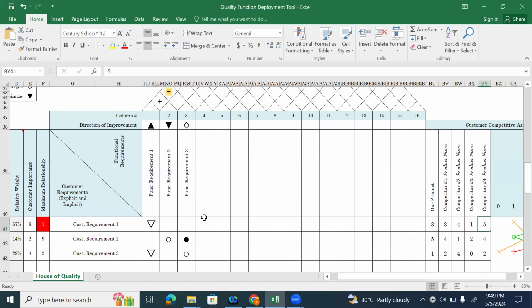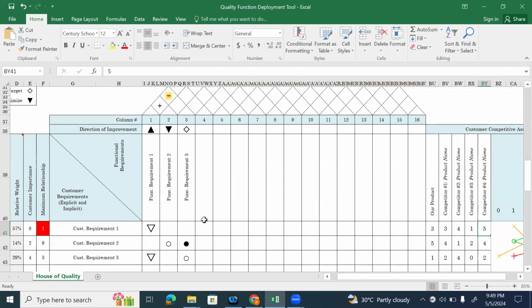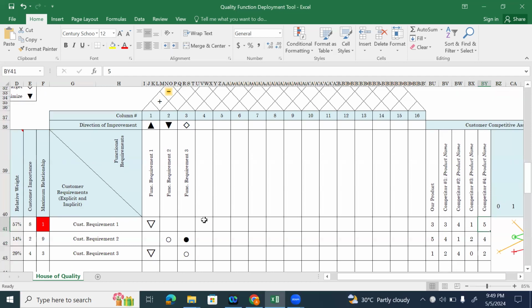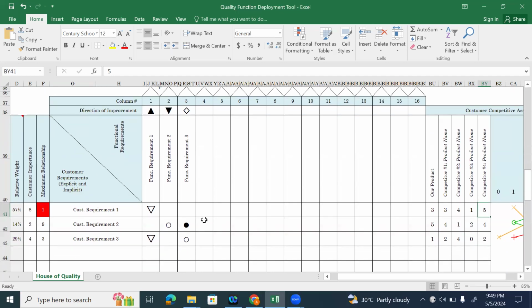So it is mandatory that we need to maximize the requirement.